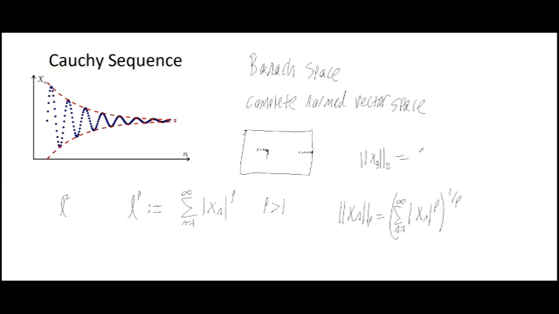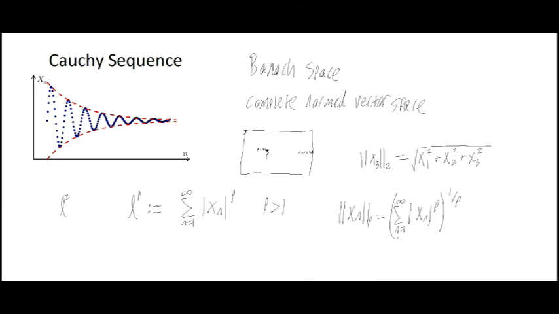And so we would have x1 squared plus x2 squared plus x3 squared, and then the 1 over p would be 1 over 2, which is the same as the square root. And so that is like our Pythagorean theorem. So this is sort of a generalization on this Pythagorean norm here.